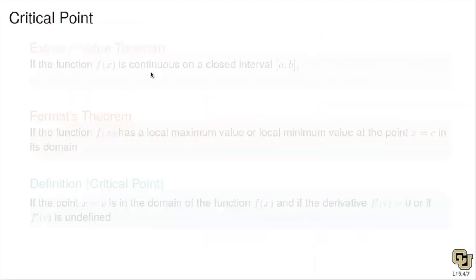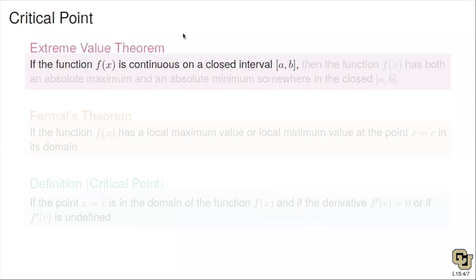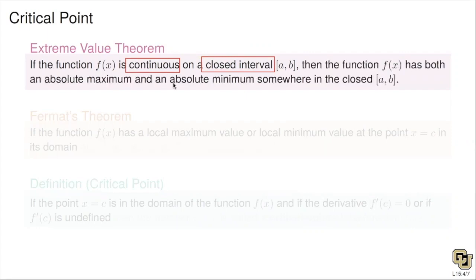So we get some theorems now just to try and describe function behavior. And we know one really nice situation where nothing can go wrong. If you have a continuous function on a closed interval, then this function has to have an absolute max and an absolute min somewhere.